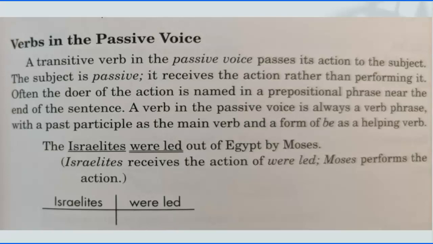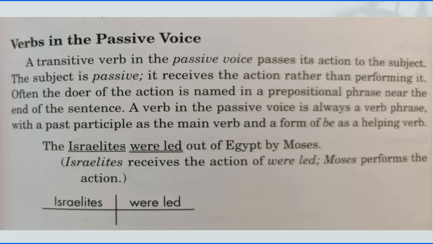A verb in the passive voice is always in a verb phrase. Remember, I mentioned helping verbs. So you are going to see the is, are, was, were, be, being, and been. You're going to see those pop up with your passive verbs. So here's an example. The Israelites were led out of Egypt by Moses. So we know it's the Israelites. What were the Israelites doing? Well, they were led. And who were they led by?